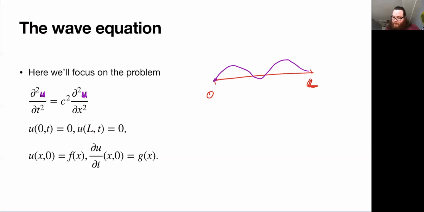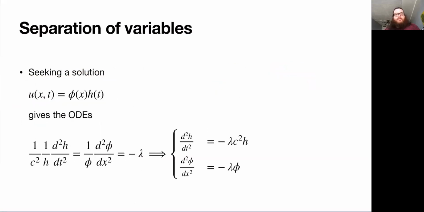Okay. So how are we actually going to solve this PDE? Well, in this case, we're going to use the same technique we've been using already, the technique of separation of variables. Here we're going to seek a solution of this form, where we've split up our solution into a piece that just depends on space times a piece that just depends on time.